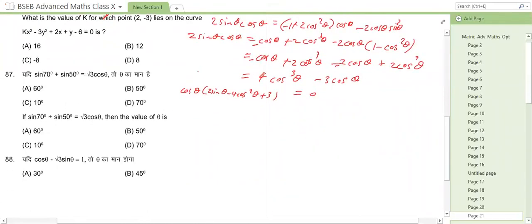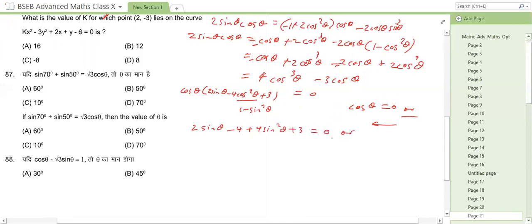Now we can replace the cos squared theta as 1 minus sine squared theta. Remember, cos theta is equal to 0, or, so we got 2 sine theta minus 4 plus 4 sine squared theta plus 3 is equal to 0.